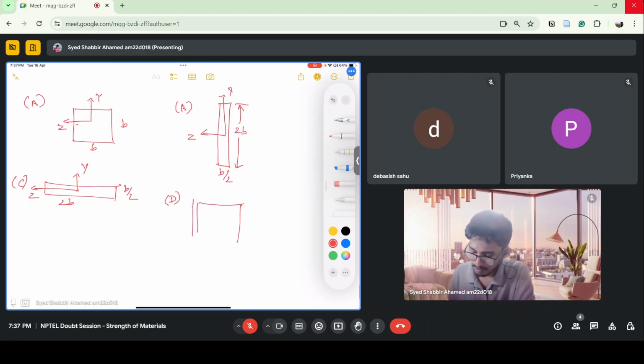I have a hollow section. Only the inner is root 3B. Okay.